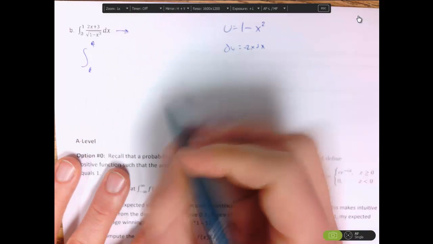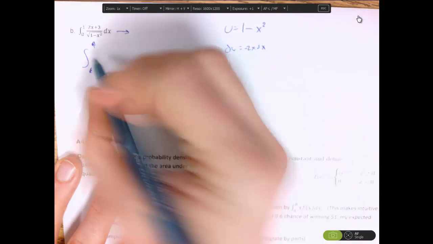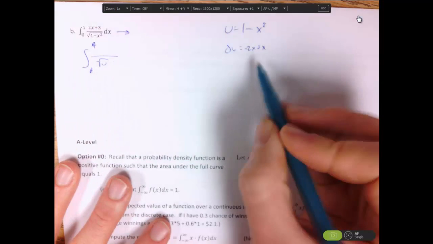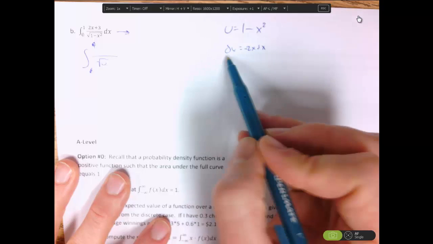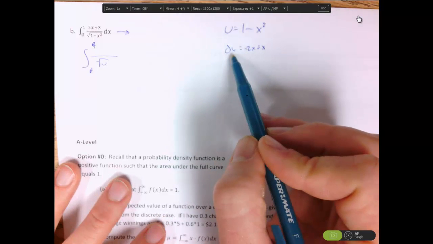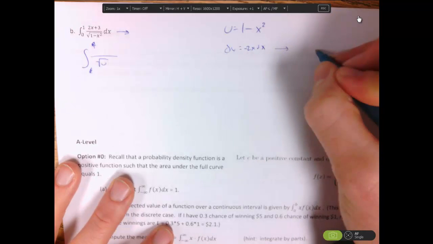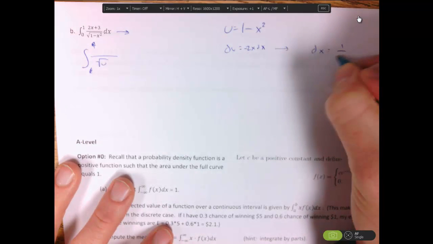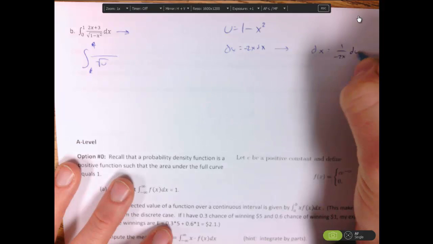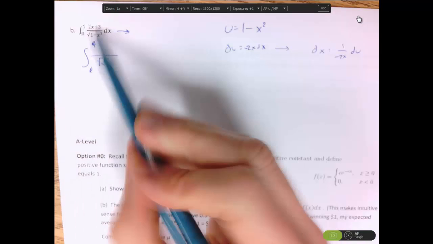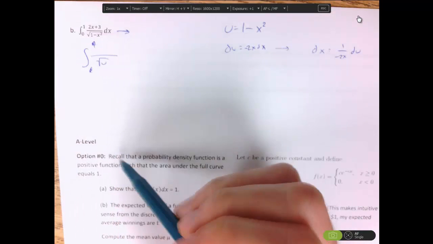But if you tried to evaluate that, here I have root u in the denominator. I know I need to replace the dx with the du, but this is all kind of a lot less straightforward. So here I know that dx equals 1 over negative 2x du. So I can replace it there, but it's not totally obvious what's happening with all this business up here.